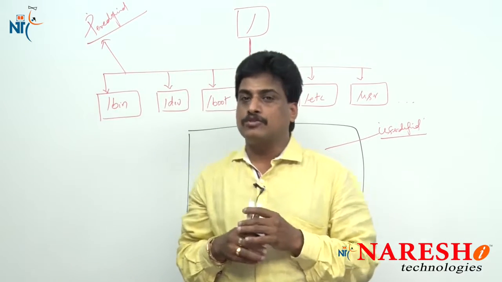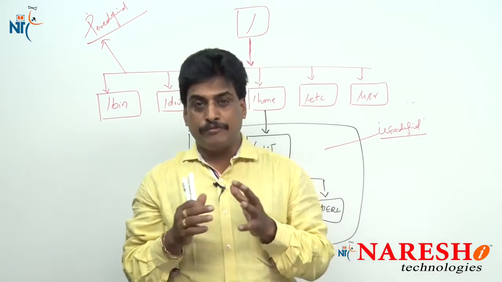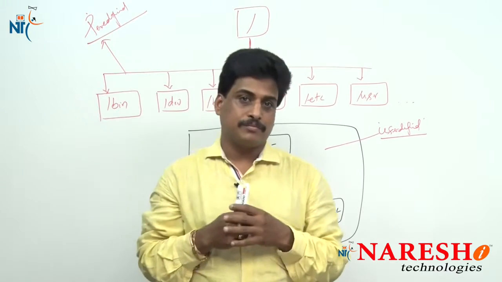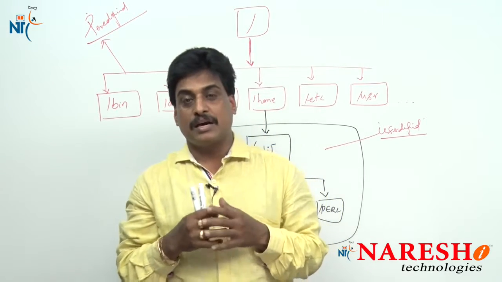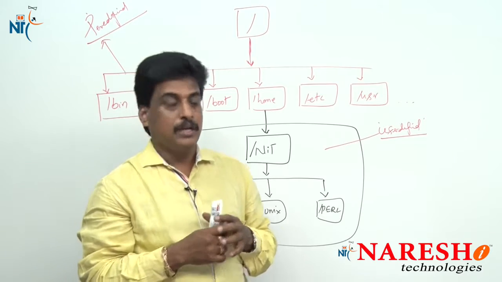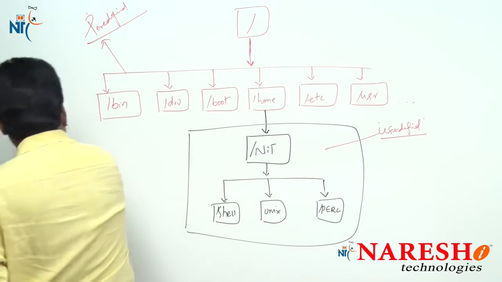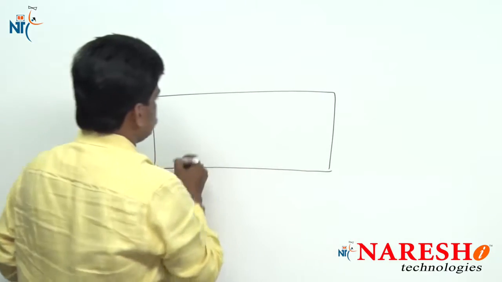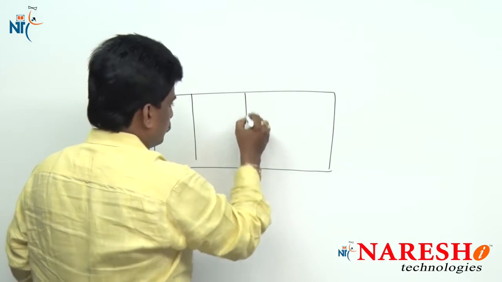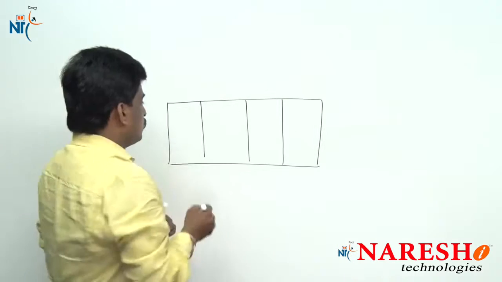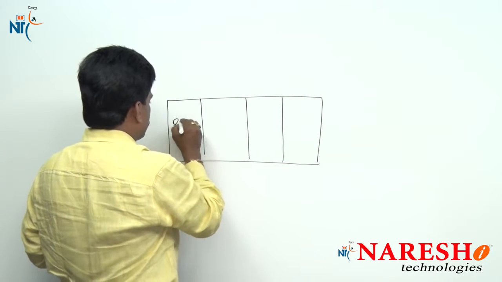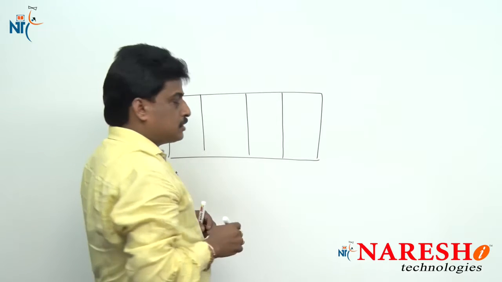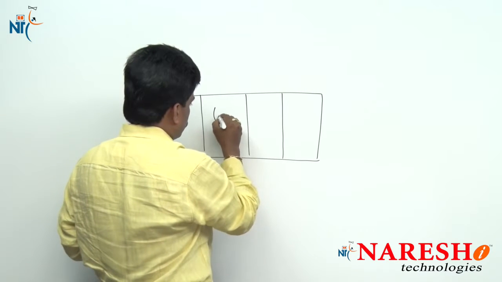And finally, we can try to observe UNIX file system organization. How is this UNIX file system organization available? Through a picture, we can observe it. It has 4 partitions. First one is boot block. Second one is super block.